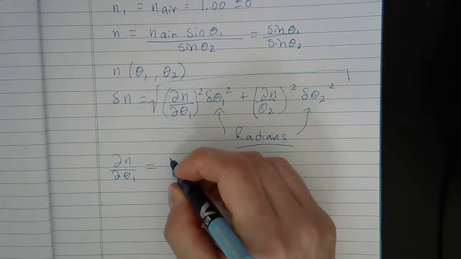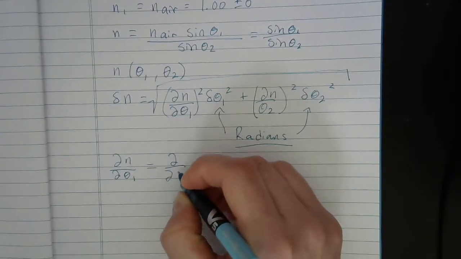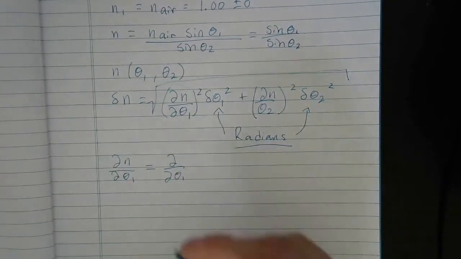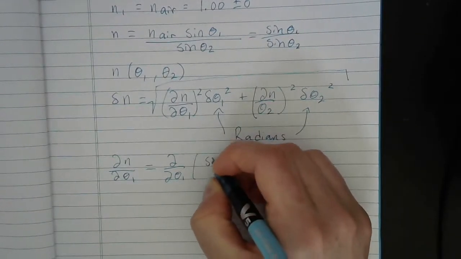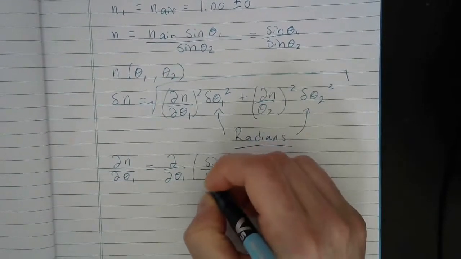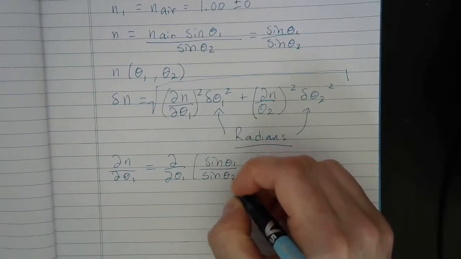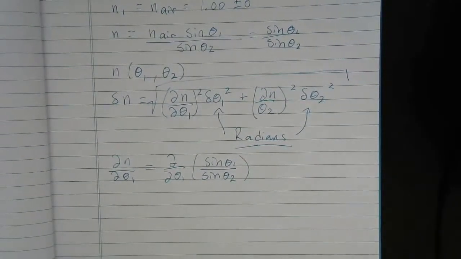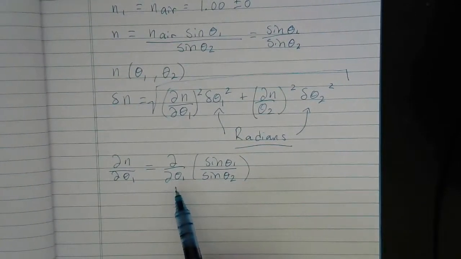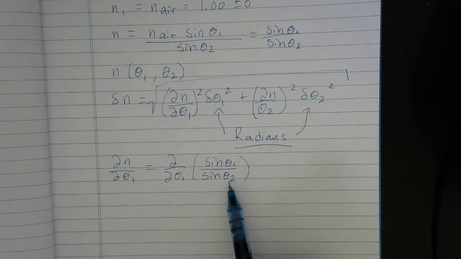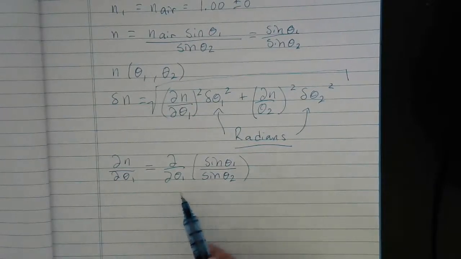If we start with the partial derivative of n with respect to theta 1, then we are taking the partial derivative, ∂/∂theta 1, of sine theta 1 divided by sine of theta 2. Because this is a partial derivative, theta 2 is a constant, so we can pull it out of our derivative.